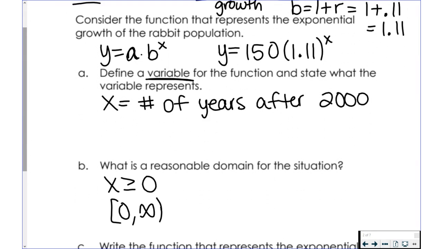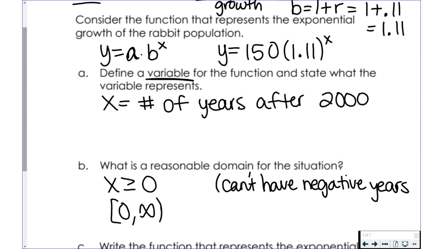I'm writing my explanation, but you don't have to write it. No, we are not going back in time. I don't know what happened in 1999. I can't use this function to figure it out. We're starting in 2000 and going from there.